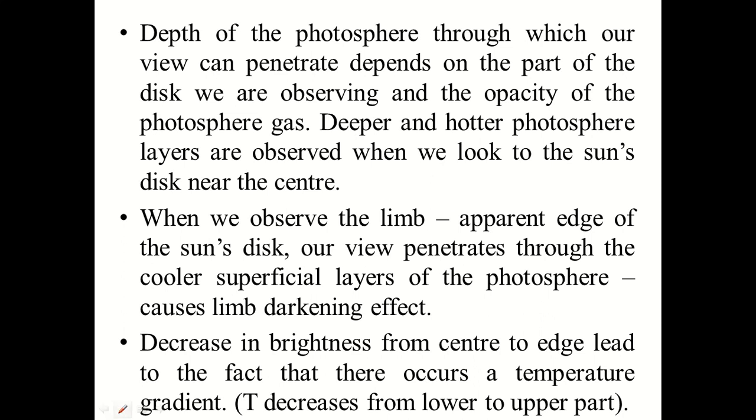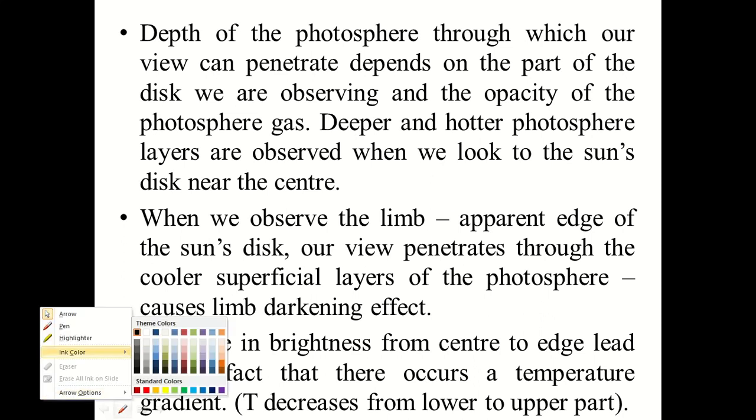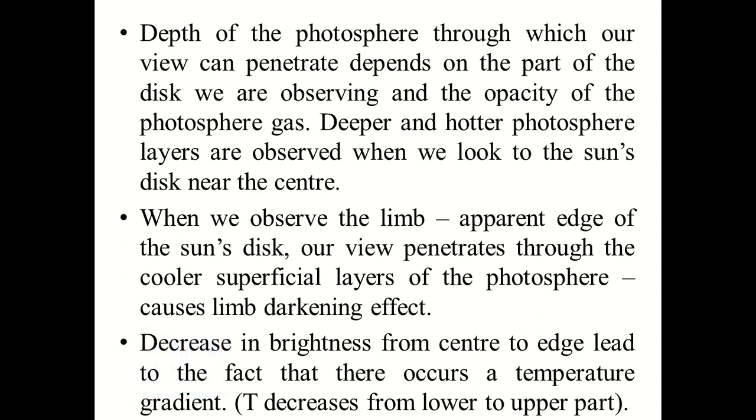That means if you consider the sun as an exact disk like this, suppose earth is here and a person standing here is observing the sun. Suppose this is the center of the sun and these are the photospheric layers, and a person observing the photospheric layers near the center can observe the deeper and hotter layers.